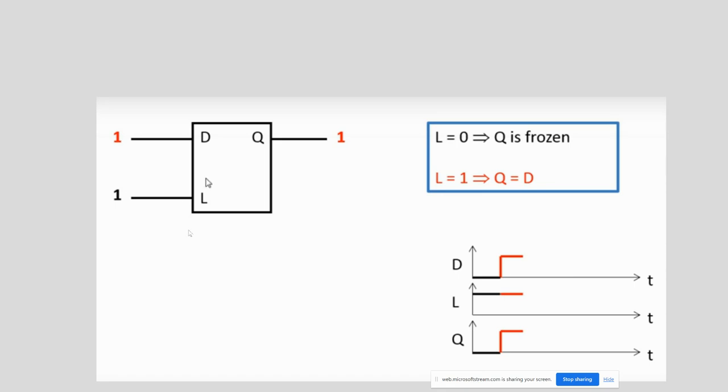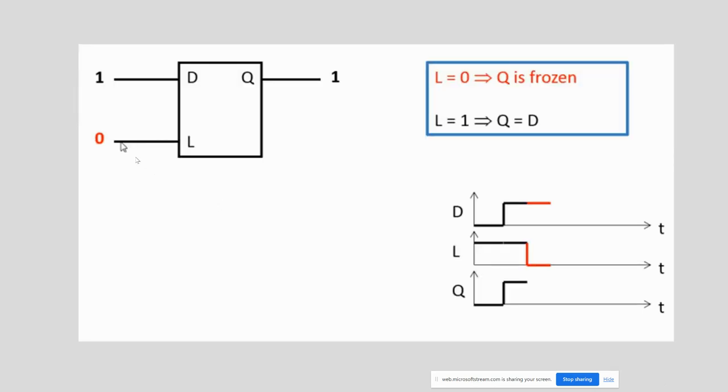So let's have a look here. We have L is 1, D is 1. So L and D are high. L was already on high previously, so it continues high, while D goes up and Q is 1, which is high.